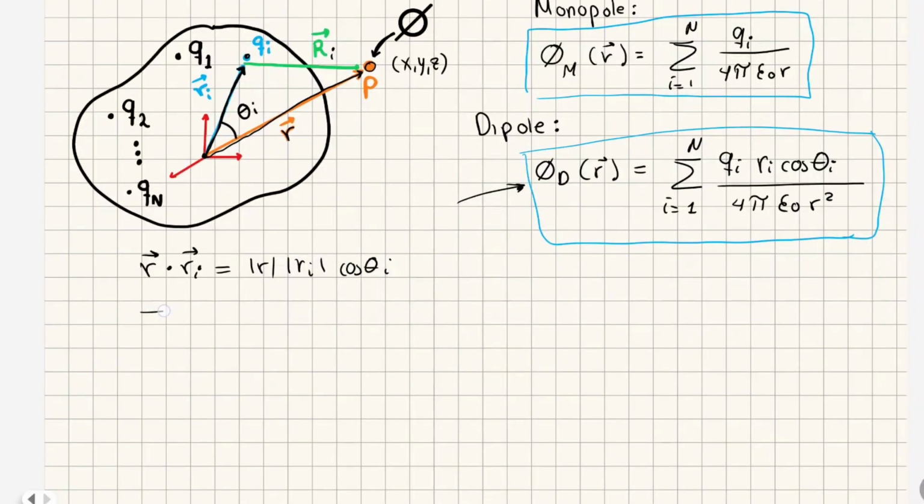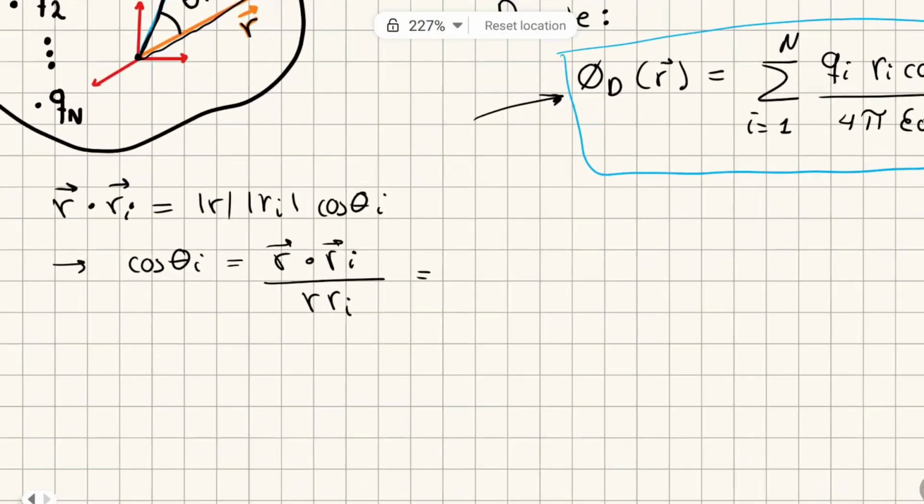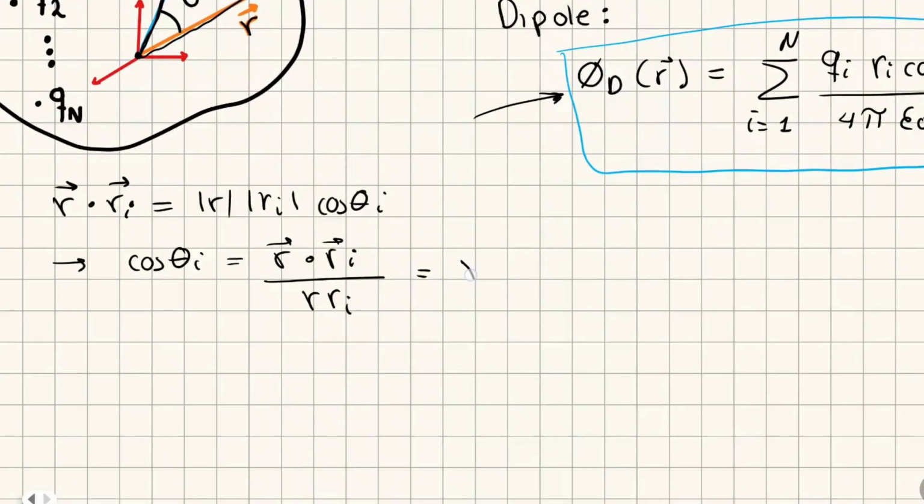So we can say that cosine of theta i is equal to r dot ri divided by r ri. It is easy to notice that this expression can be seen as a unit vector r dot ri over ri.